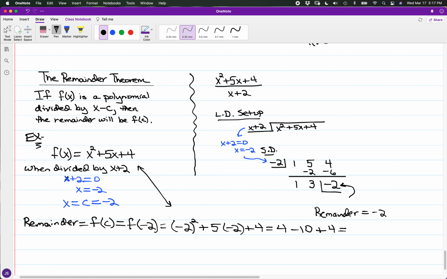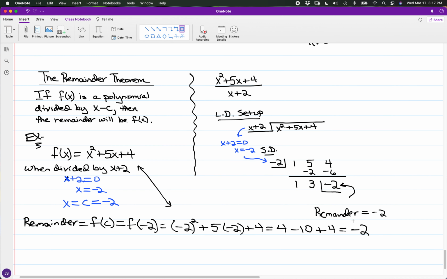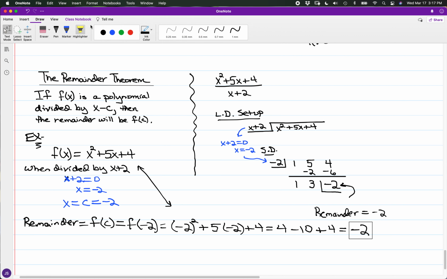And guess what? 4 minus 10 is negative 6. Negative 6 plus 4 is negative 2. So you got negative 2. And regardless of the approach you take, these end up being the same. So if you have a linear divisor, the remainder, using the remainder theorem, is going to be the function value at the 0 of that divisor.